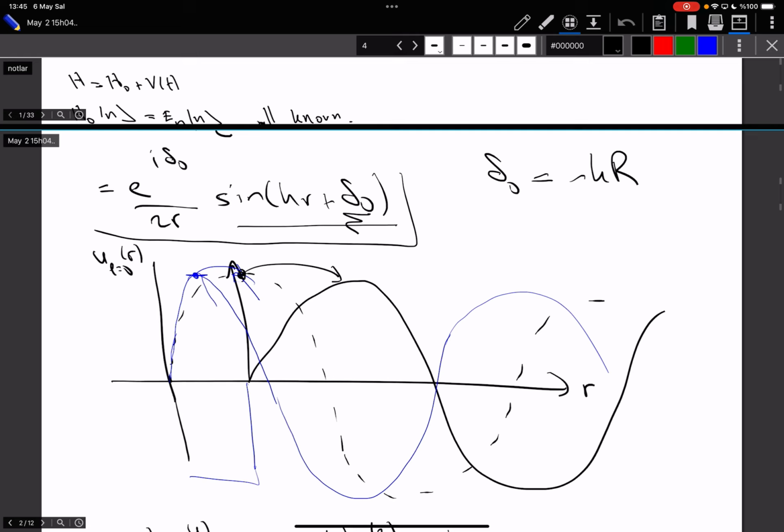If you have an attractive potential, basically the wave is shifted in, a repulsive potential pushes the wave out. But you should also be a bit careful, because if you pull the wave function in by something close to the wavelength, the total effect will be as if it is just pushed out slightly.